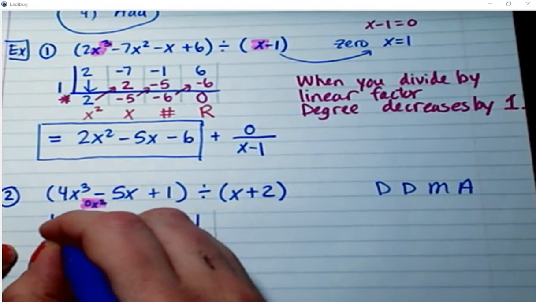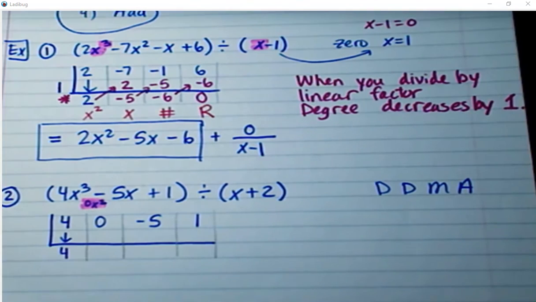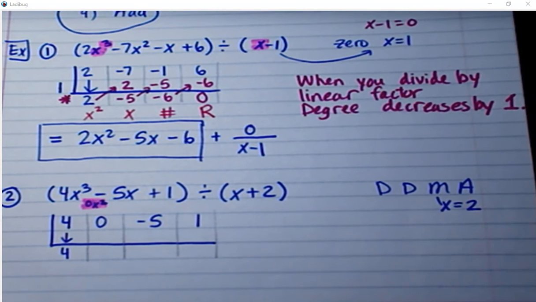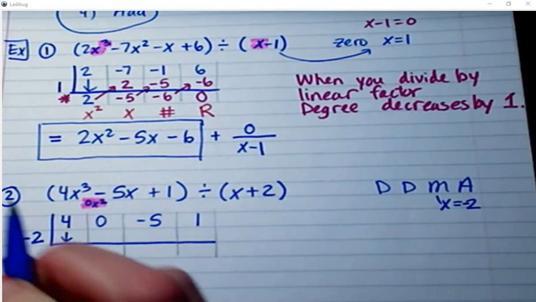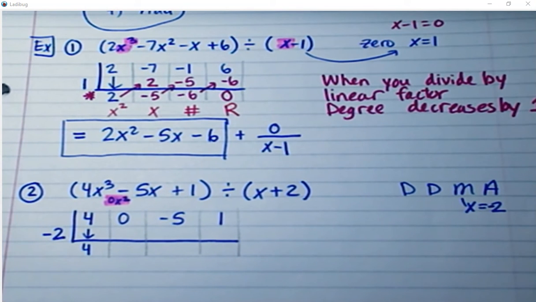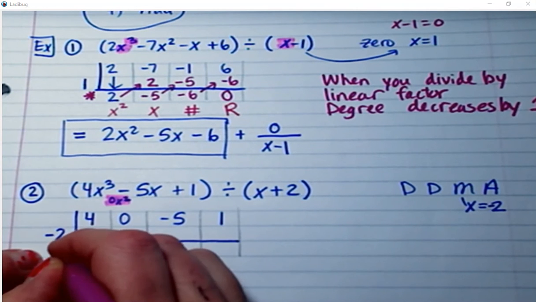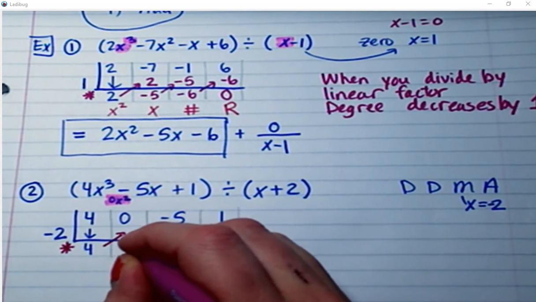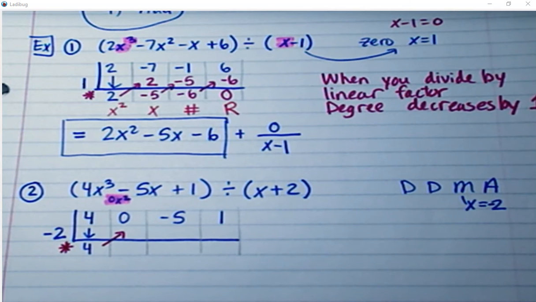Okay, drop, drop, multiply by x equals negative 2. So I'm going to put my negative 2 out there. And okay, what goes?